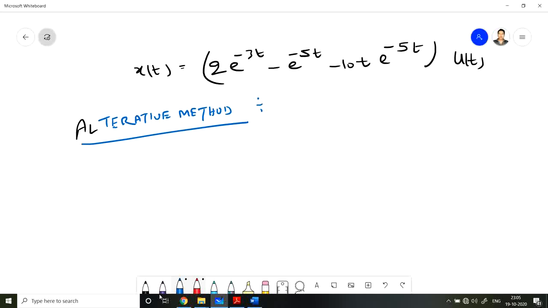So please note that there is a simple method to finding out the value of lambda 1 without using the differentiation. So what is the step?